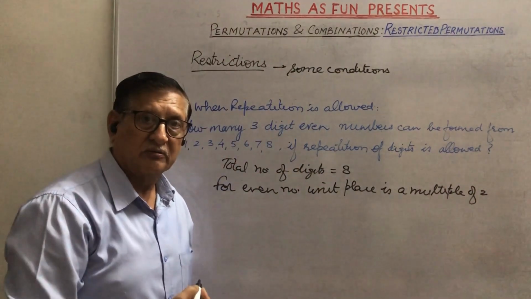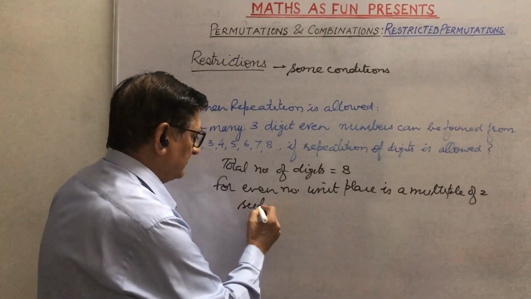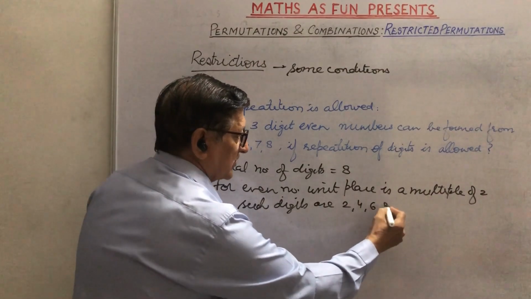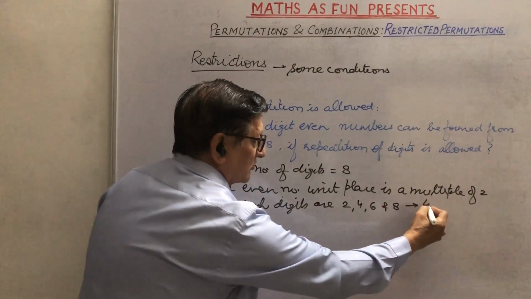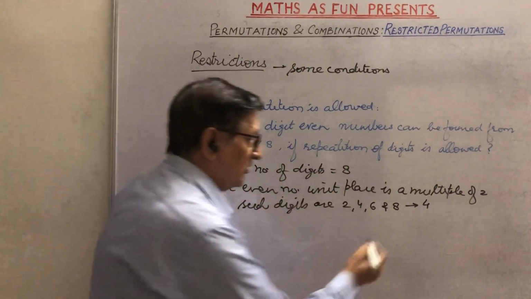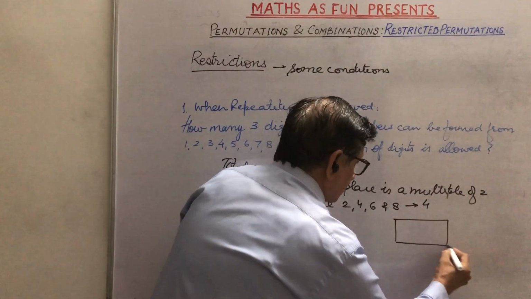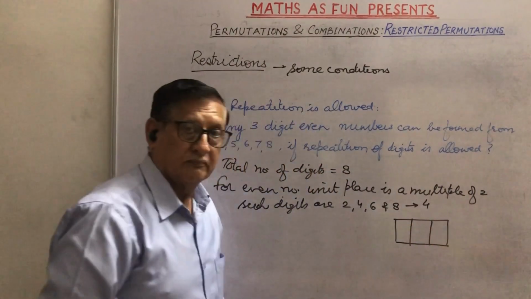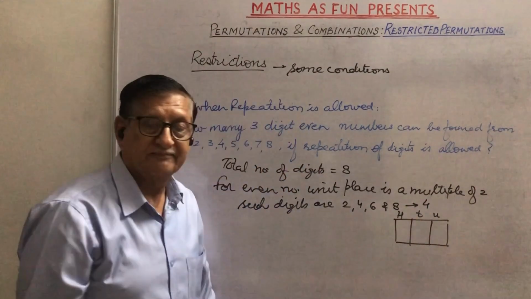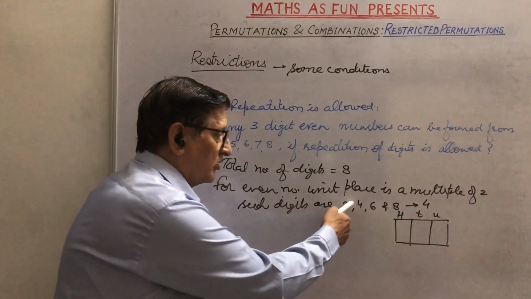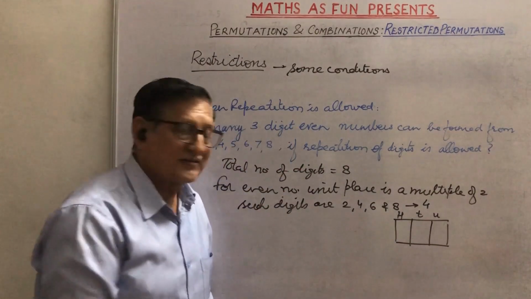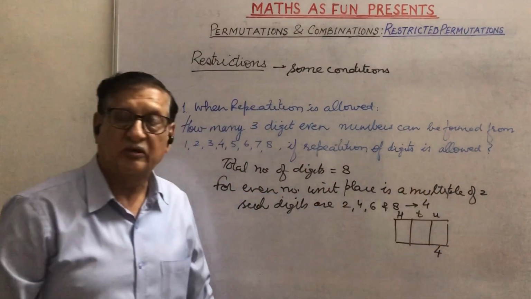And such digits we have, they are 2, 4, 6 and 8. They are only 4. It means when we want to form the 3-digit number, we need 3 places. This is the units place, this is the tens place, this is the hundreds place. And out of these, 2, 4, 6 or 8, any one can be placed here at the units place. It means the units place can be filled in 4 different ways.